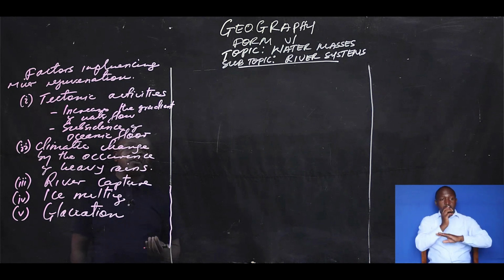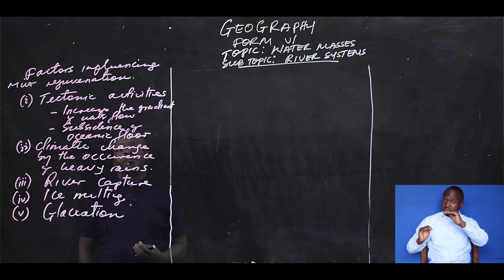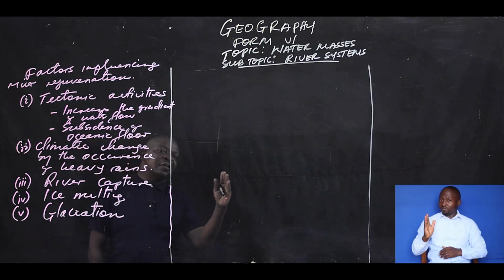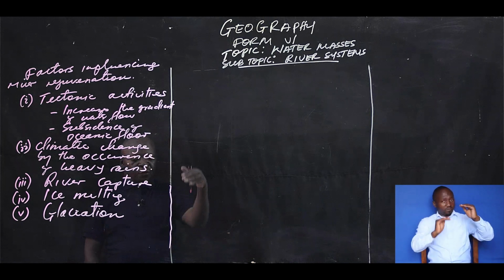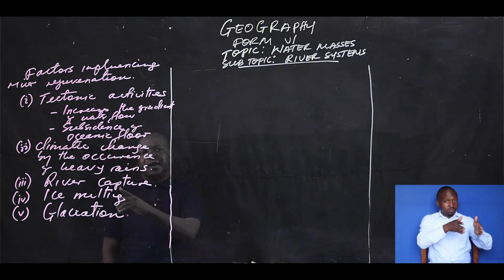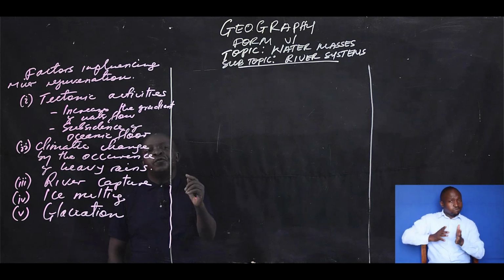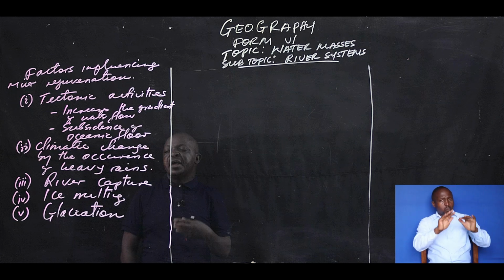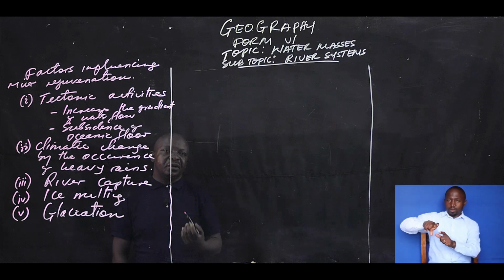As the volume of water in the oceanic basin is lowered, sea level does not remain the same. Sea level falls. As the sea level falls, water in the river is stimulated to flow at high speed. As water flows at high speed, erosive activity is renewed.